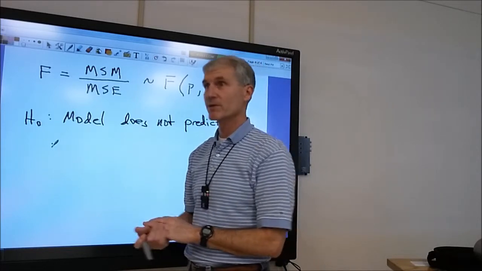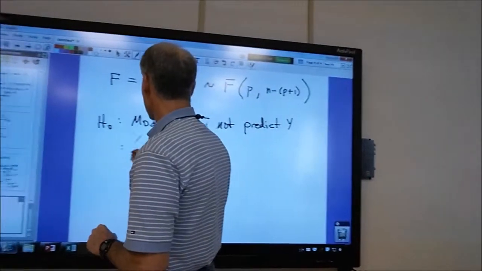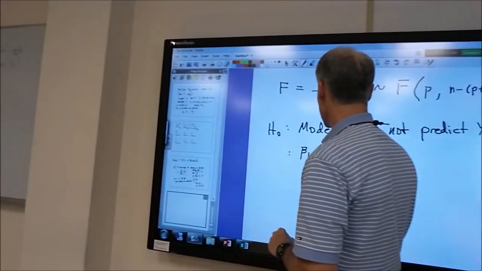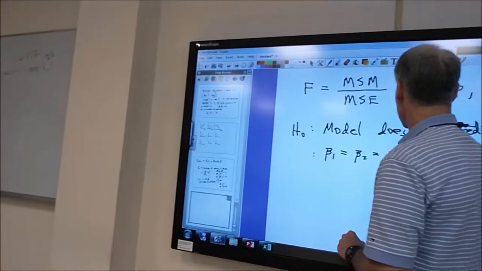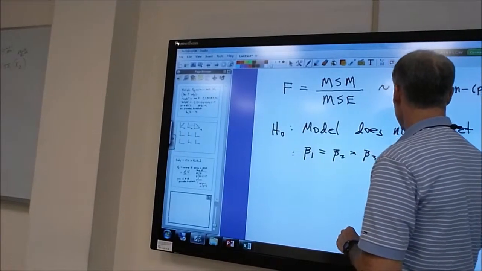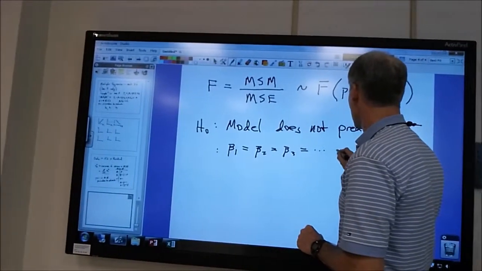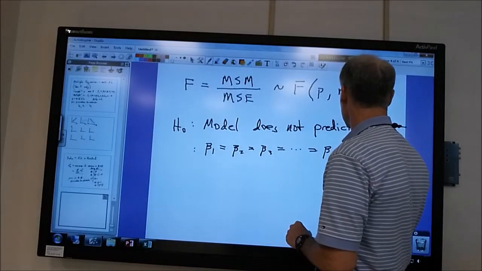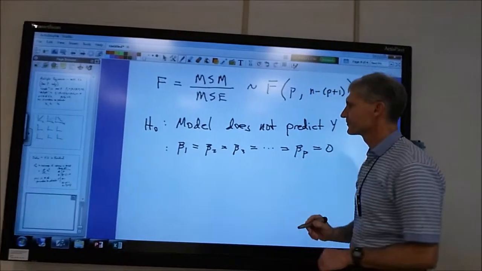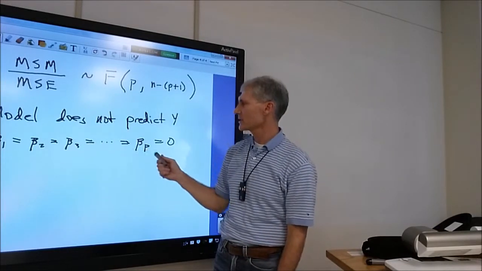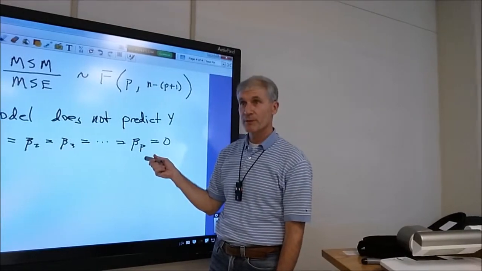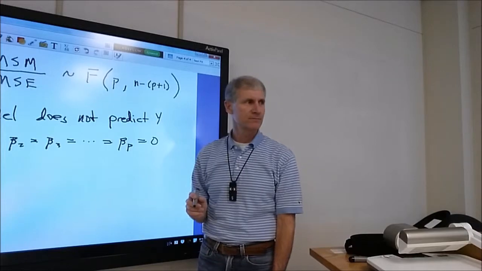They're all equal to 0. So it's beta 1 is 0 and beta 2 is 0. So they're all equal to each other because they're all equal to 0. So beta 1 equals beta 2 equals beta 3 dot dot dot equals beta p equals 0.